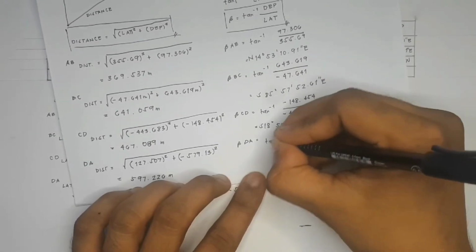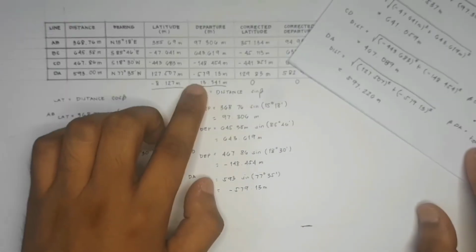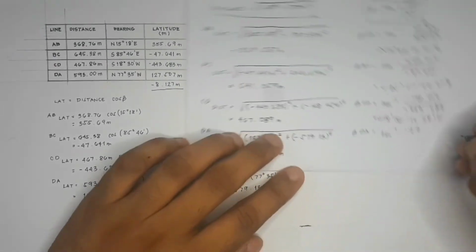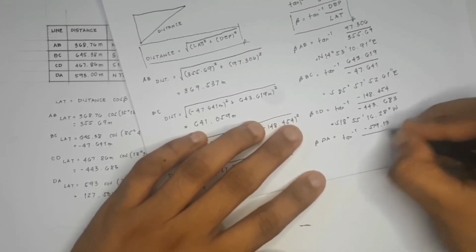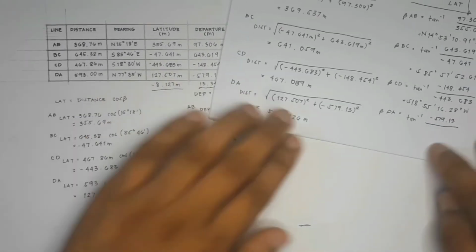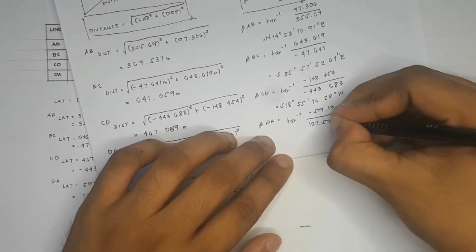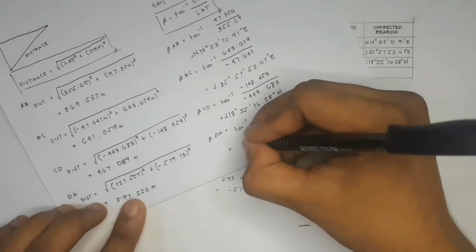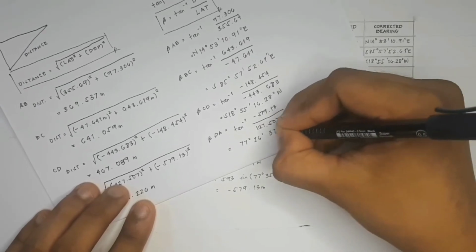And lastly, we have the bearing angle of line DA. So we have the arctangent of departure of line DA. Our departure for line DA is negative 579.13 meters over the latitude of line DA, which is 127.507, and this will give us 77 degrees 26 minutes 37 seconds.